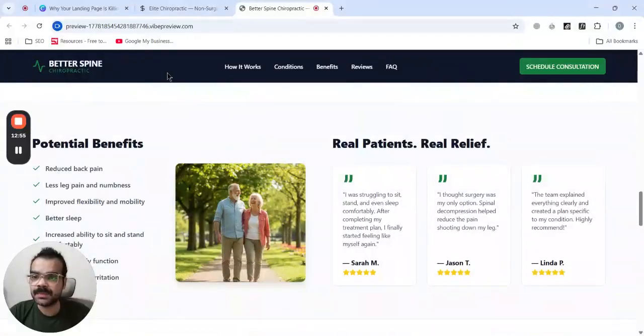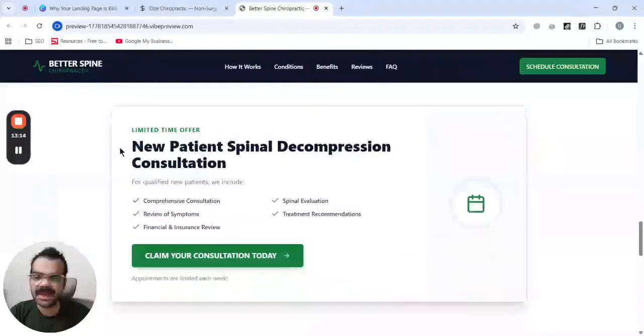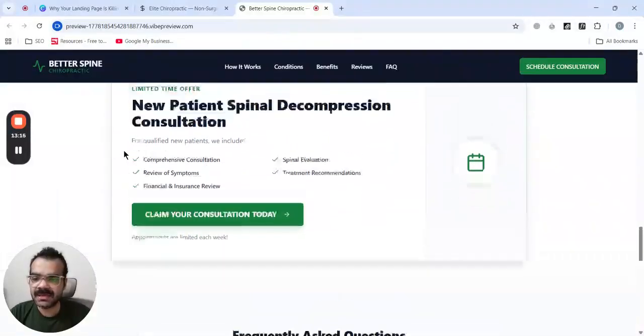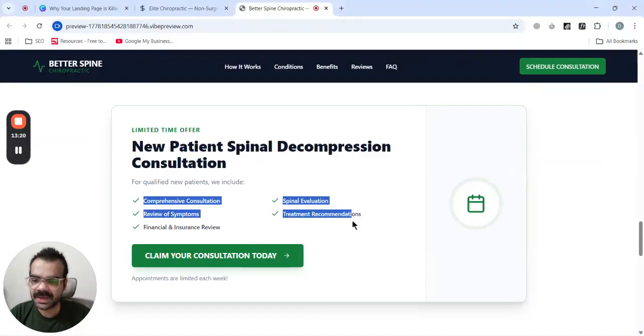And this is the potential transformation that we are letting people know about, right? If they get this treatment from our clinic, they will feel reduced back pain, improved flexibility, mobility, better sleep, and things like that, right?